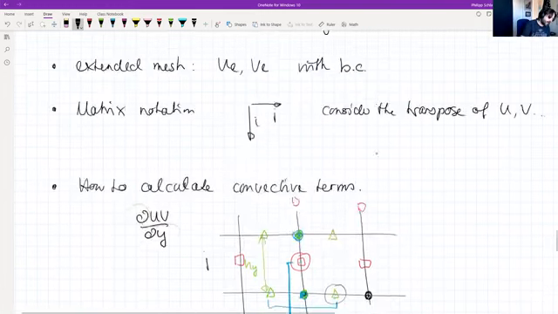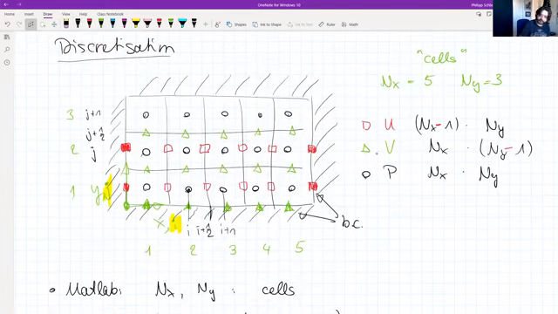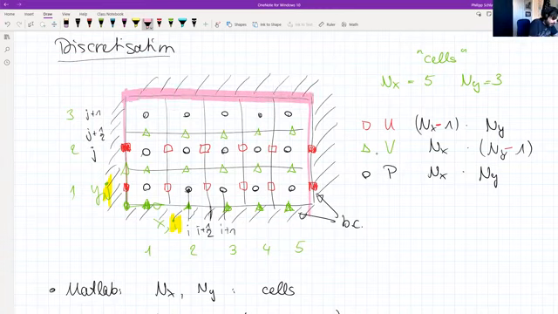And the point there is that if you do it, for instance, for U, on this wall and at this wall, there is no problem. You could just add those points. But at the upper wall, it's of course not so simple because you only have U velocities given here, but no U value here.